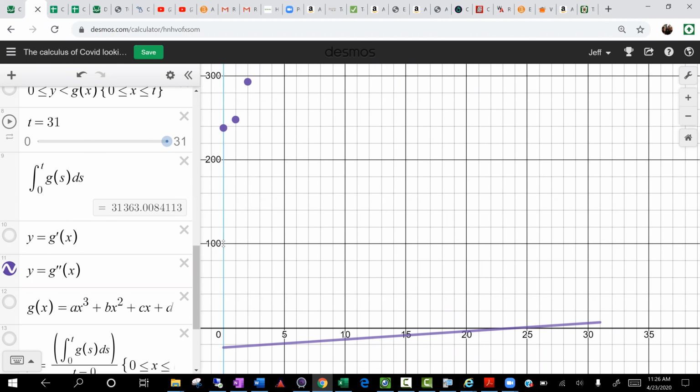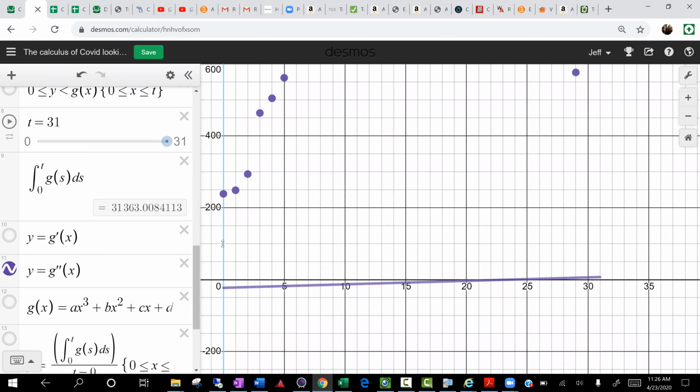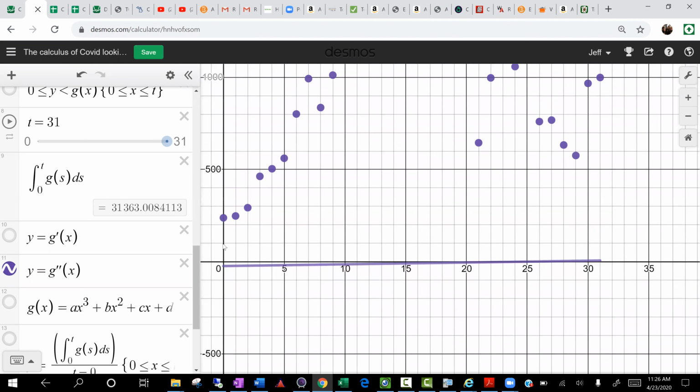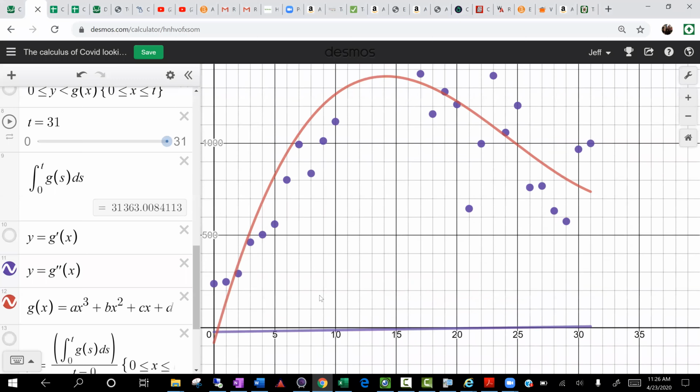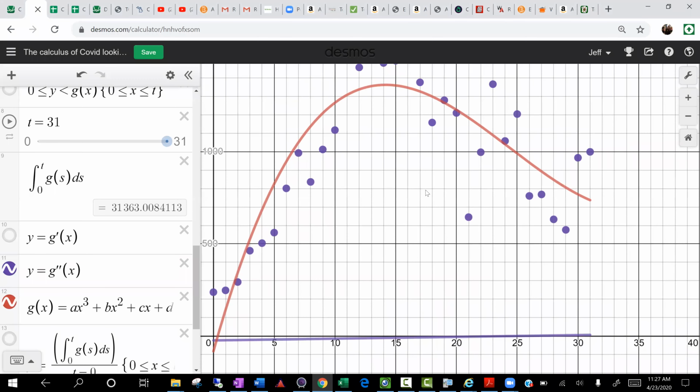Let's take a look at the graph again. Let's see if I can pull that up. G of x. There we go. What's that inflection point? Well, that inflection point occurred around day 24, so somewhere around here. And what it was saying is that the shape of the function has changed.